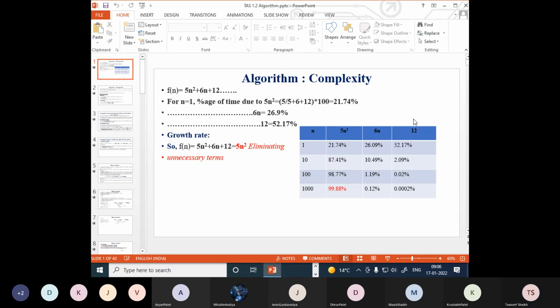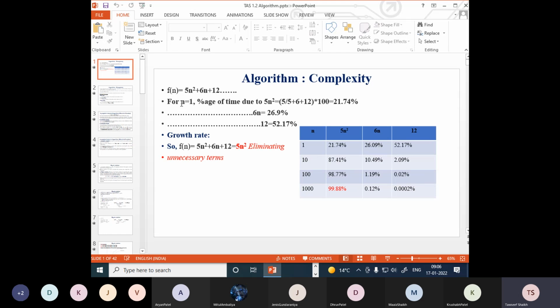So what we are trying to find out here, we have a function f(n). It is quadratic in nature. It is f(n) is equal to 5n square plus 6n plus 12. Now we will substitute the values of n starting from 1, then increasing to 5, 6, 7, 8, 10, and then 100 and 1000, and we will see the corresponding values of f(n).